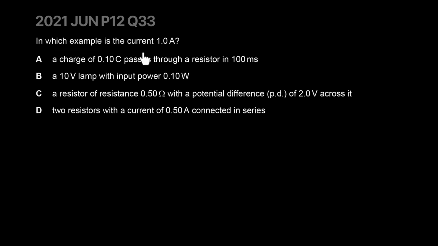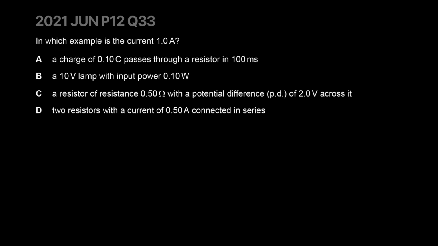In which example is the current 1 ampere? A charge of 0.1 coulombs passes through the resistor in 100 milliseconds. So it doesn't matter what it's passing through.